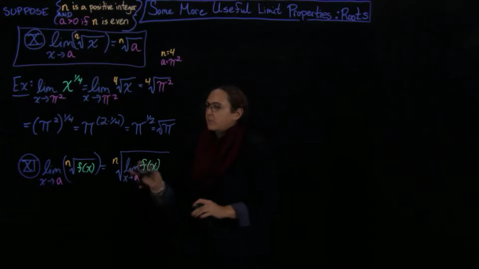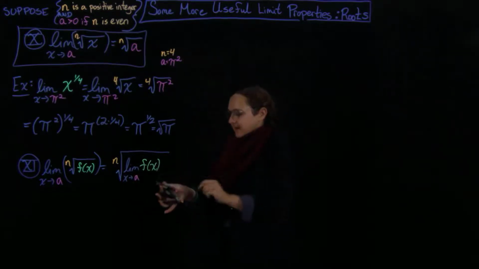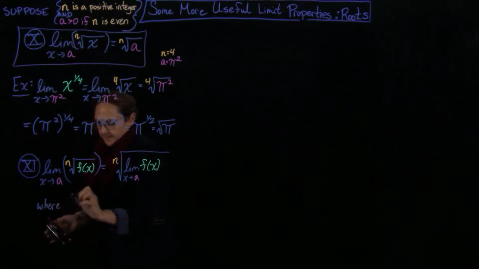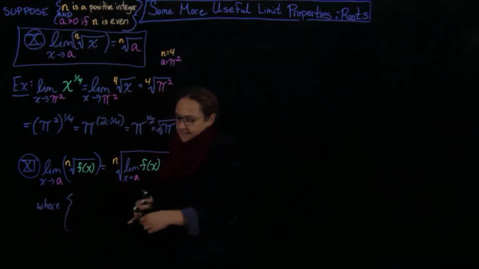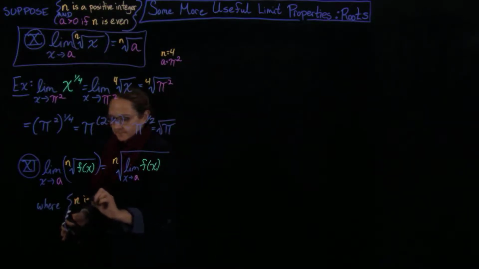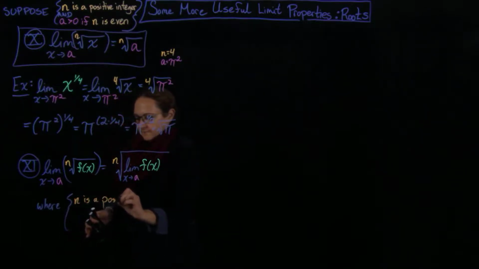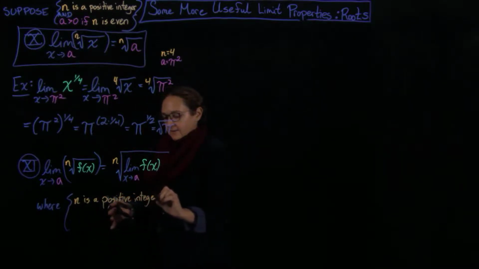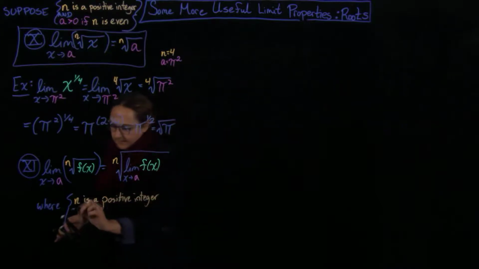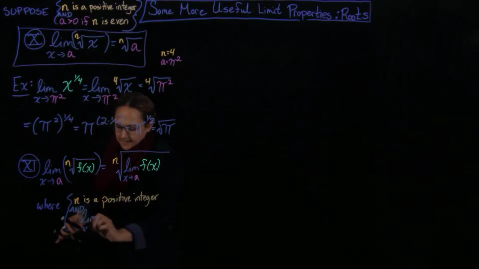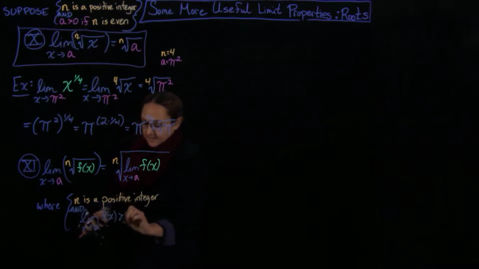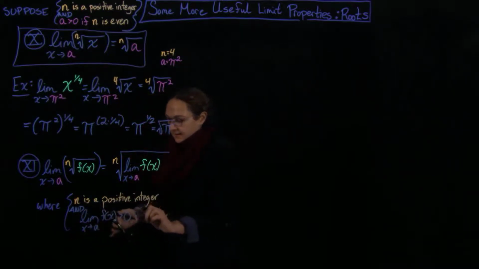Okay, where here we have our setup, like that one had a setup up there. So what do we need to be true? That n is a positive integer, and the other thing is that the limit as x approaches a of f of x has to be greater than 0 if n is even.